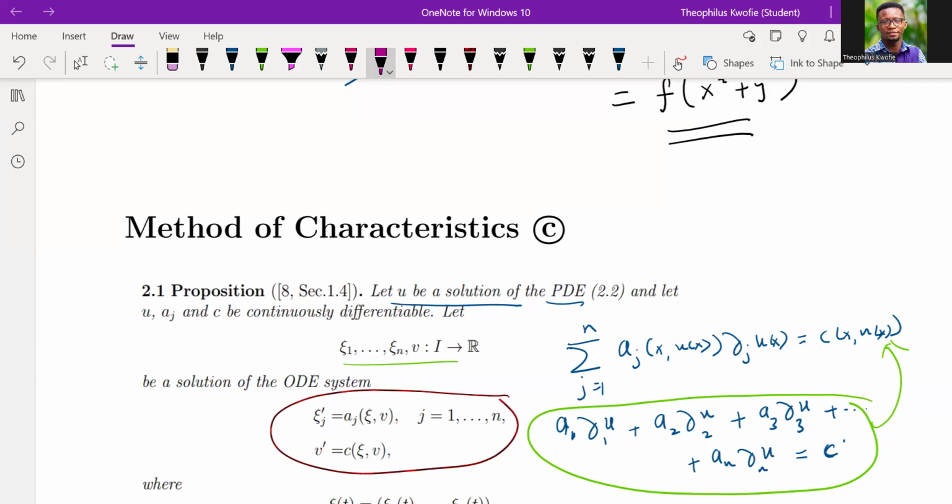That's simply put. So the A_j's will always be equal to the derivative of the Xi_j's. And the derivative of V will always correspond to the right-hand side of the given PDE. So let's take note of that.